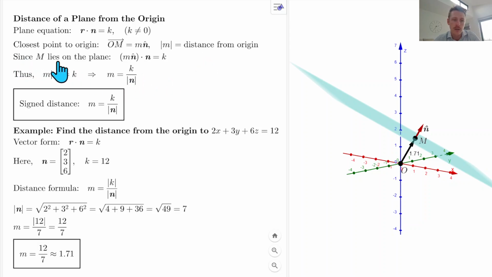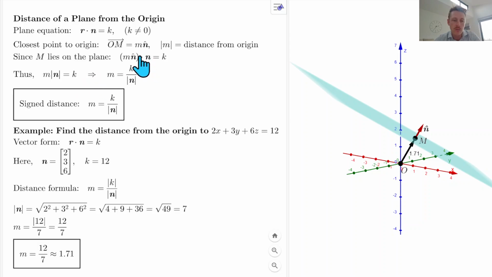And so since M lies on the plane, we're essentially taking the dot product between this vector and the unit vector n, where n is a vector that points perpendicular to the plane. So we end up with this situation.